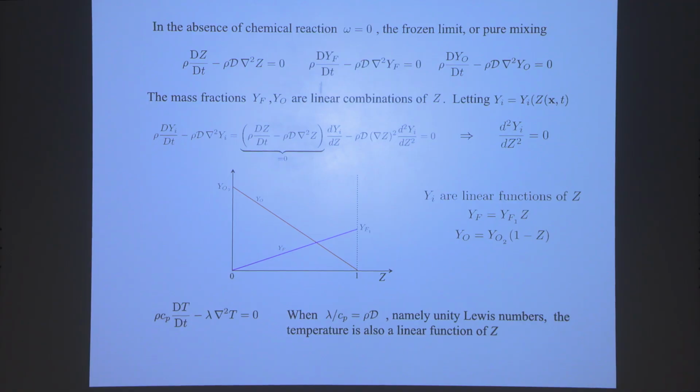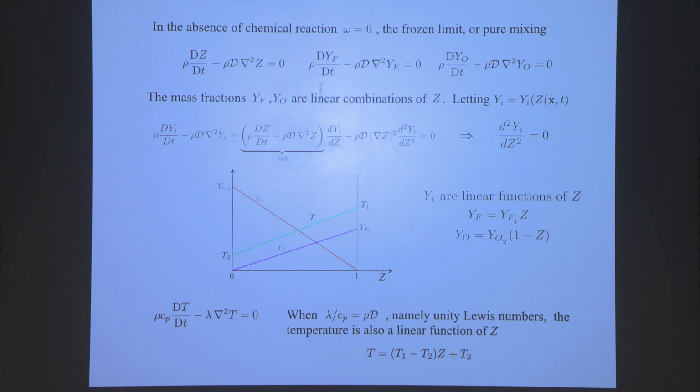What happens with the temperature? You cannot do that unless you also assume that lambda over Cp is rho D. In other words, the Lewis number is 1. So if before I used preferential diffusion equal to diffusivity, now if the Lewis number is 1, then also T can be expressed in terms of Z, and then it's going to be a linear function from T1 to T2 or T2 to T1, depending on the direction.